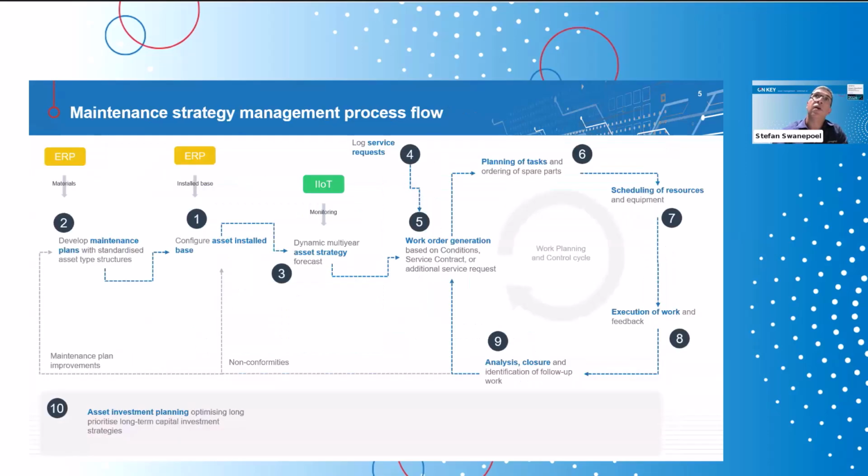So in terms of process, what we'll be talking about today is really this whole process of managing your maintenance strategy, from firstly understanding what's in your installed base, having the right maintenance plans in place as a step 2. Then as a step 3, continuously having a full long-term view of your maintenance strategy, updated dynamically as meters and maintenance feedback changes.